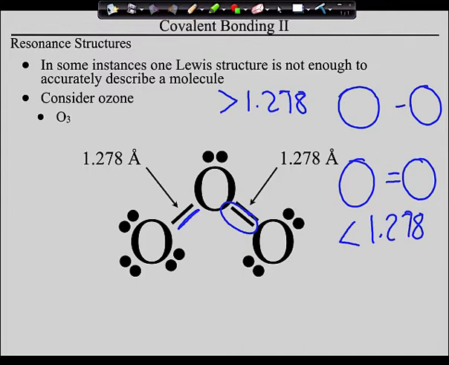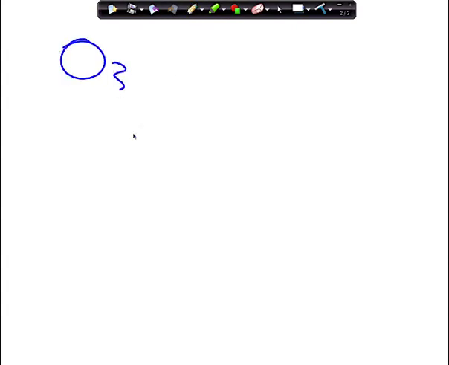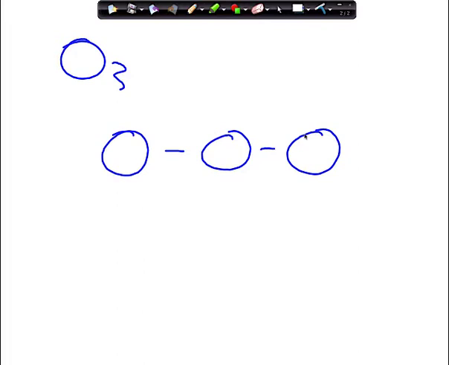So let me offer this to you as a way of thinking about this. Do this with me in your notes. We are going to do the Lewis dot structure for ozone, just like we did in homework. There are 18 valence electrons for 3 oxygens, 3 times 6.